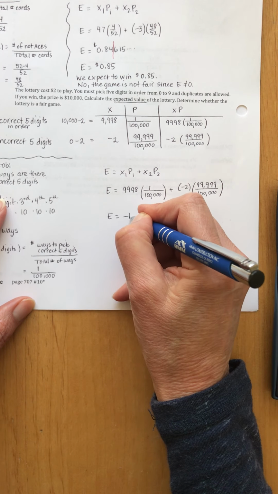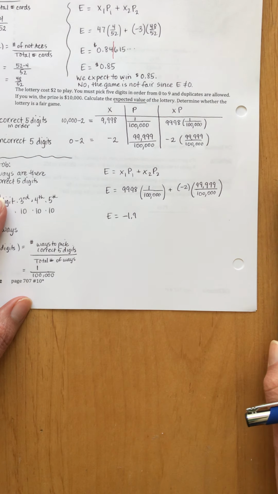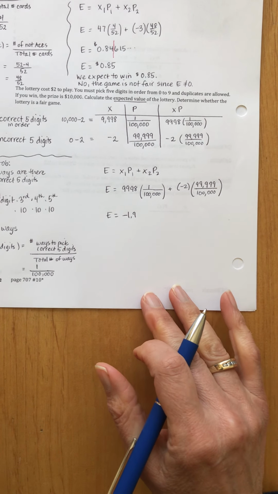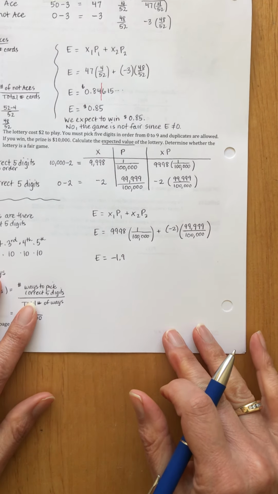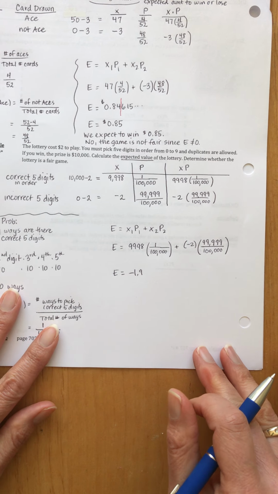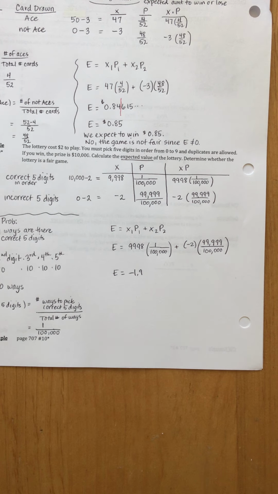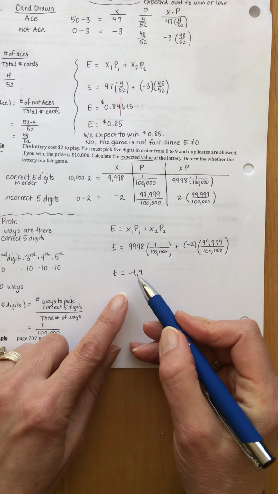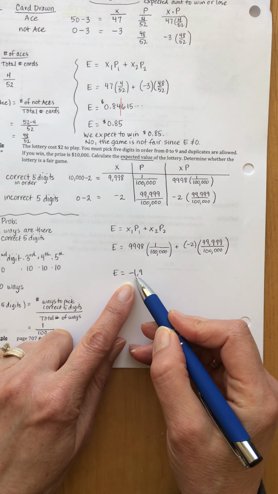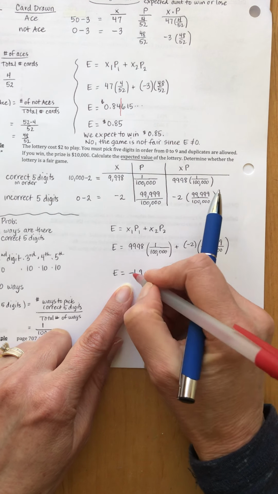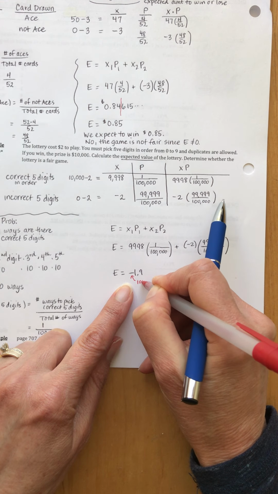Okay, so negative 1.9. Now we have to think about what it is that we found. Well, we were being asked to find the expected value of the lottery. So how much do we expect to win when we play this game? Well, do we expect to win it all? It's a negative number. So that means that you lose.